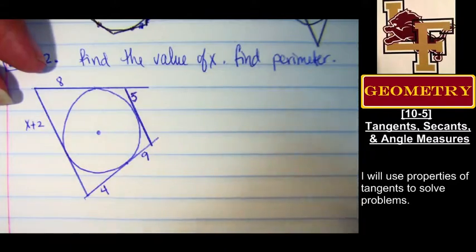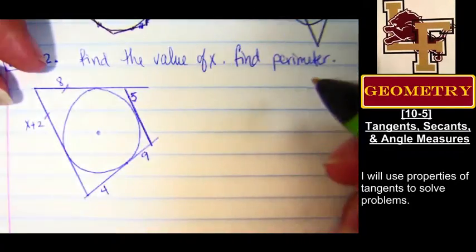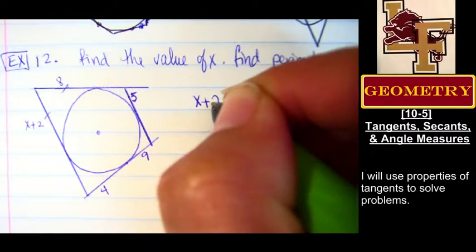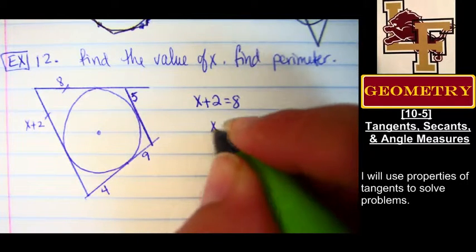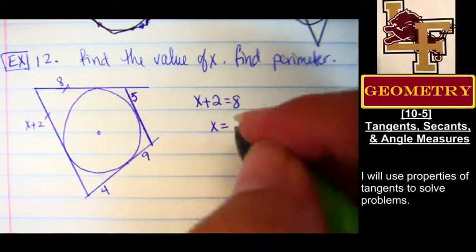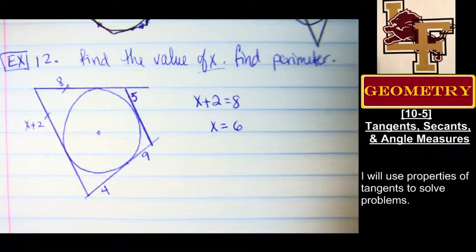So since it looks like a Raspa theorem, this segment and this segment are congruent, which means I can write my equation like this. What's the value of x? Subtract 2, which is 6. So I've done the first thing. I found x. Now I need to find the perimeter of the polygon.